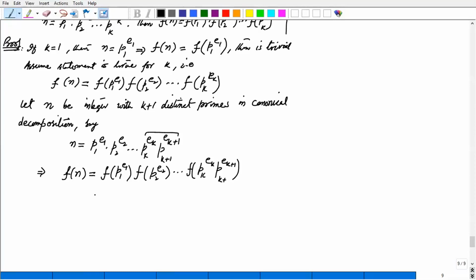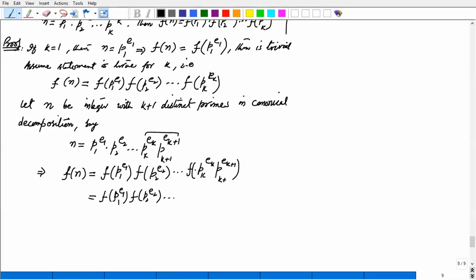Now the other factors will remain the same: f(p1 to the power e1), f(p2 to the power e2) till, and now look at these two values. You can consider this as m and this one as n.